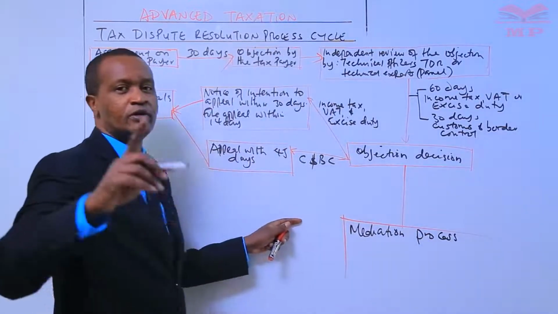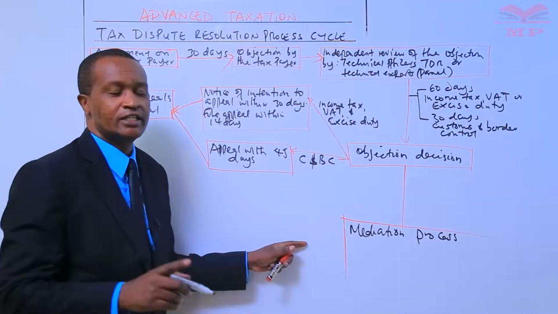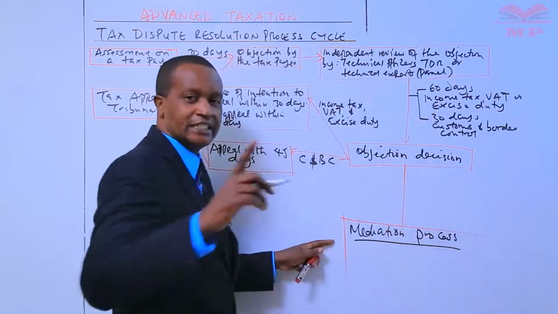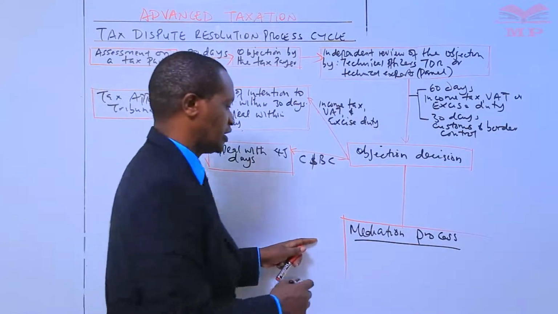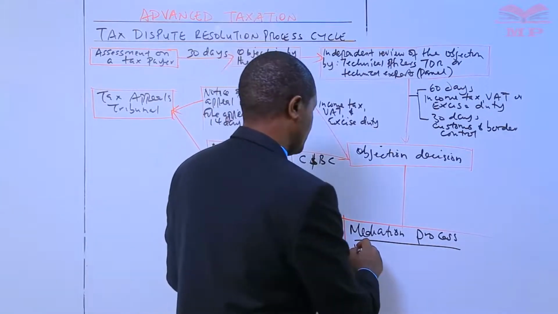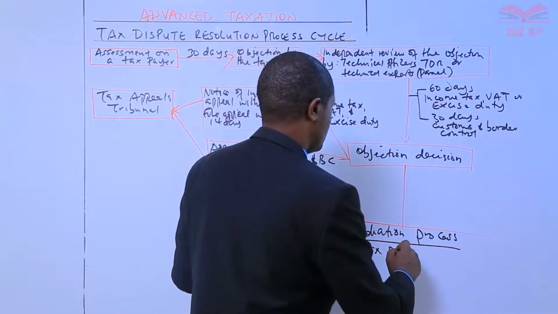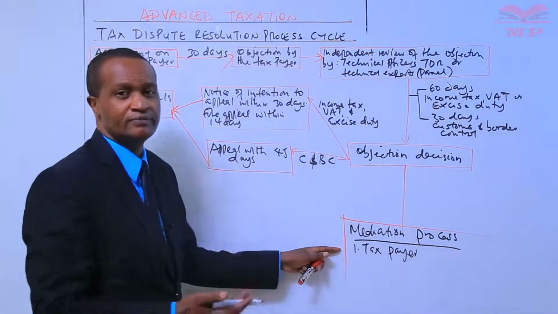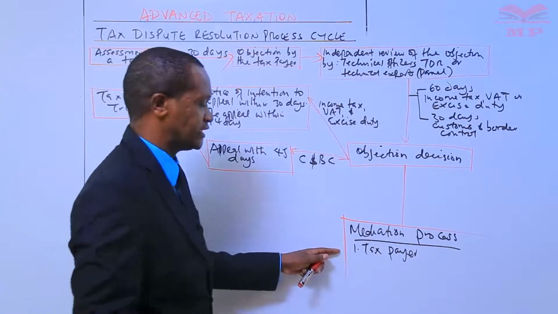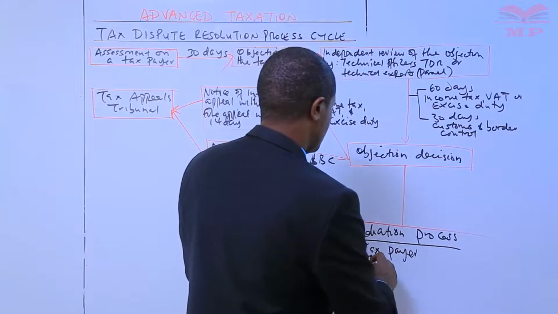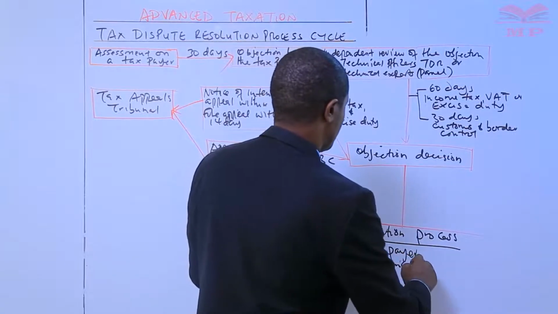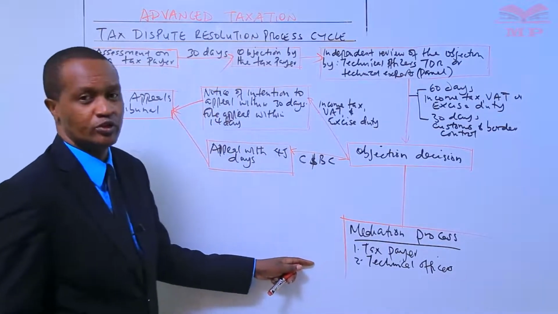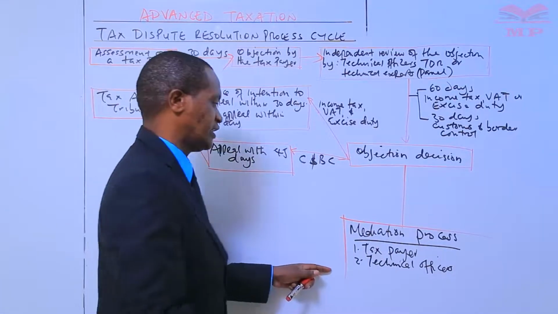Under this mediation process, we study the parties. We have the taxpayer, who is the aggrieved party. There are the technical officers or the commissioner, technical officers of the Kenya Revenue Authority, and a facilitator.